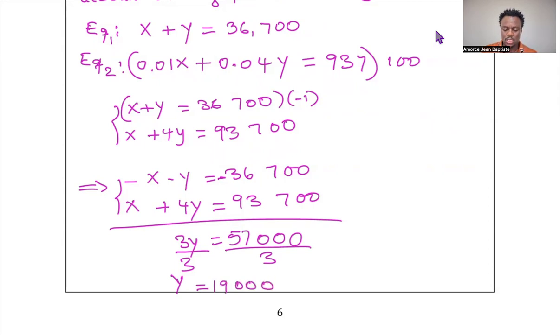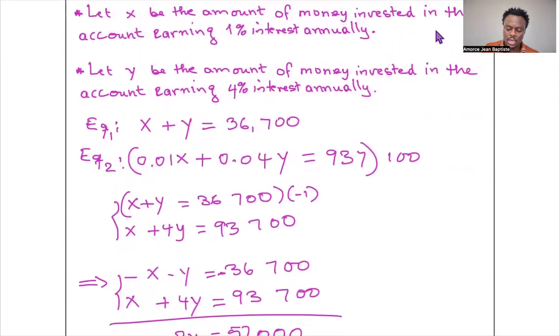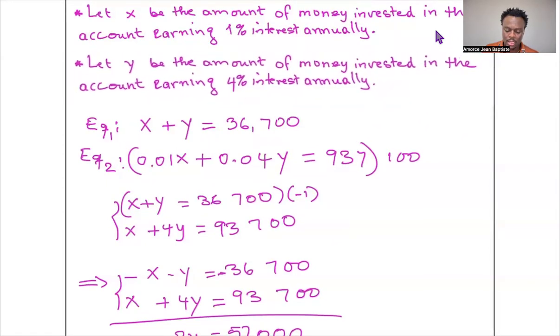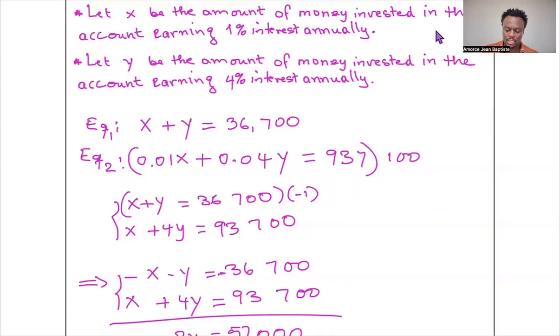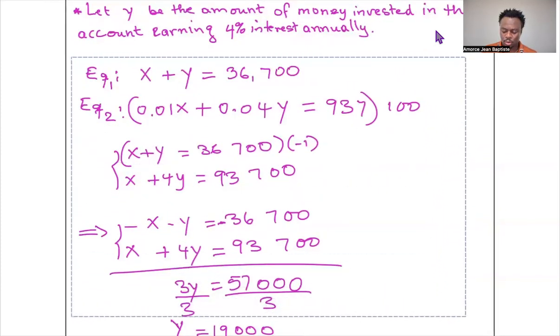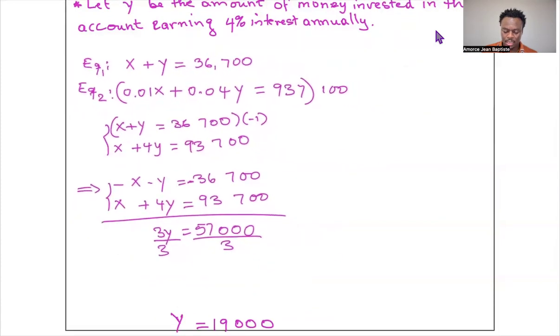So that means on the account that earns 4%, he invested an amount of 19,000.